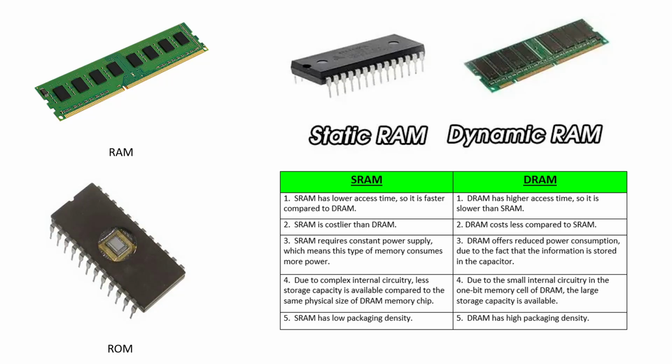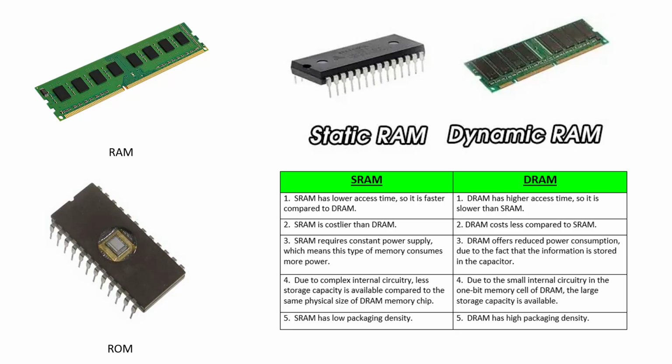And DRAM, as opposed to the SRAM, has a higher access time, so it's slower, but costs less as compared to the SRAM and offers reduced power consumption due to the fact that the information is stored in capacitors.